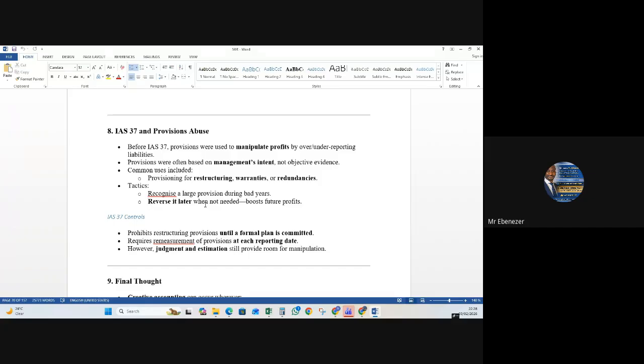It is whatever the management wants that we provide for. Common uses include provisioning for restructuring, warranties and redundancies.